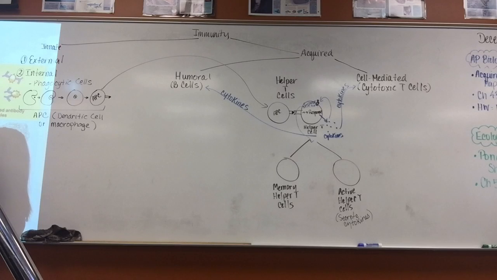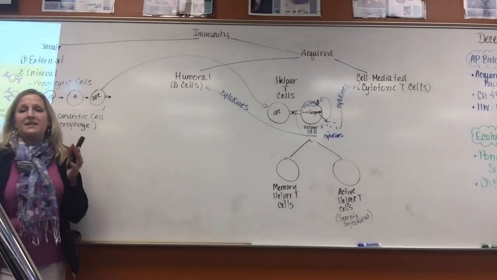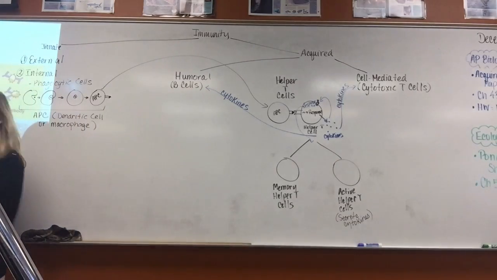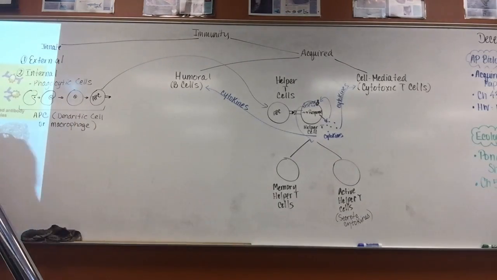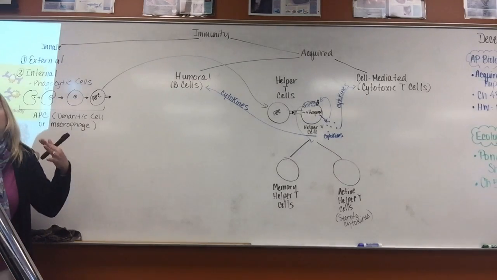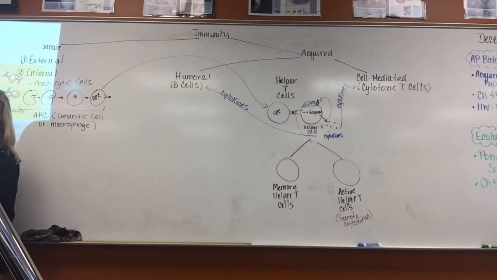Some of that bacteria goes into the B cell, breaks it up, and it presents the antigen. So that's what we have here. And so the selection process in this picture has already occurred. We have hundreds of different B cells. Only this one has the right shape to bind with that particular bacteria, so this is the one that needs to become activated. So how does the helper T cell know which ones are the right B cells to activate?